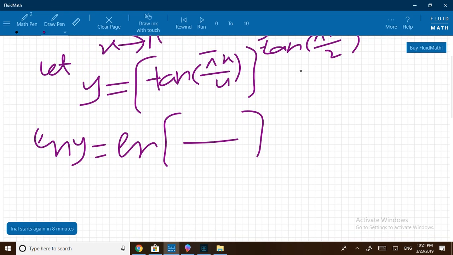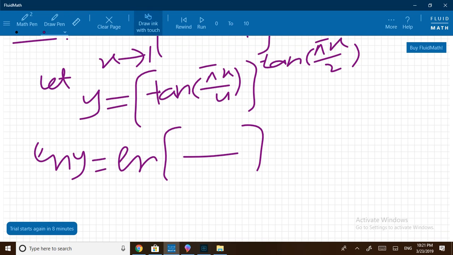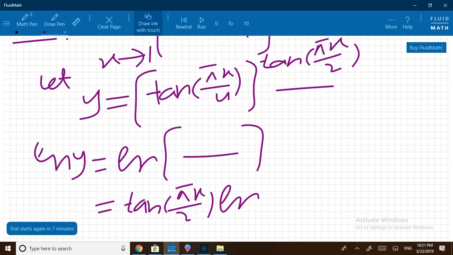By the property of log we can write this tan(πx/2) before the log. This will be equal to tan(πx/2) times the natural log of tan(πx/4).